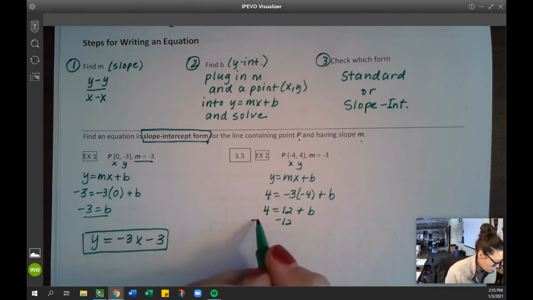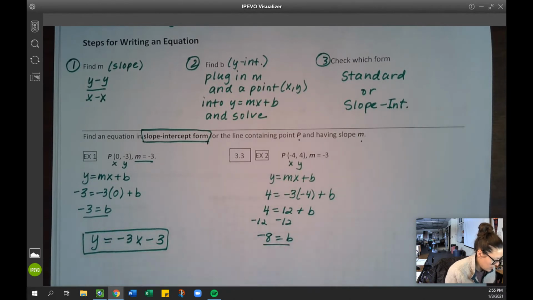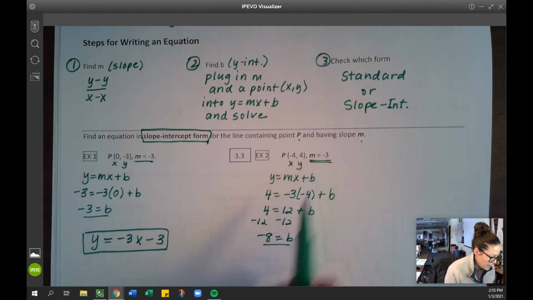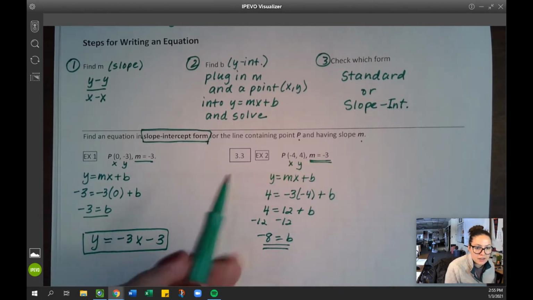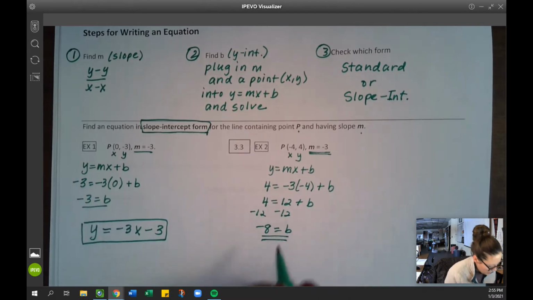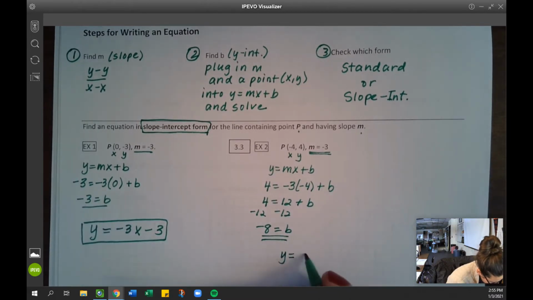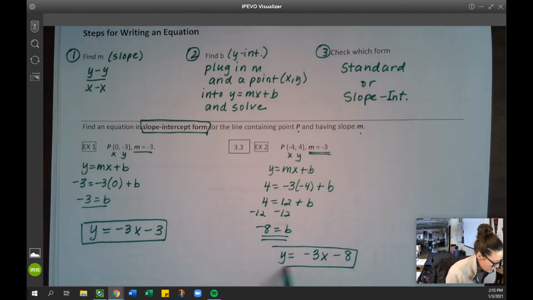I'm going to subtract 12 from both sides, which means b equals -8. So we're given m, we found b, we have everything we need to write our equation in slope-intercept form. y equals -3x minus 8.